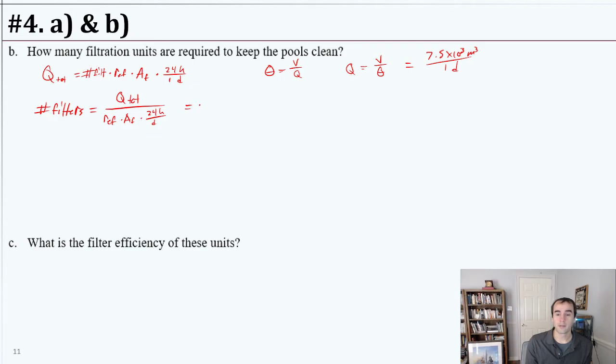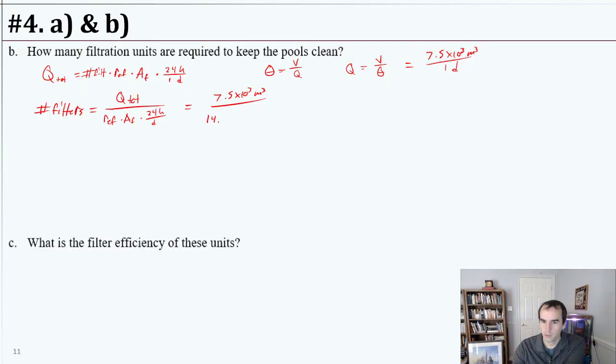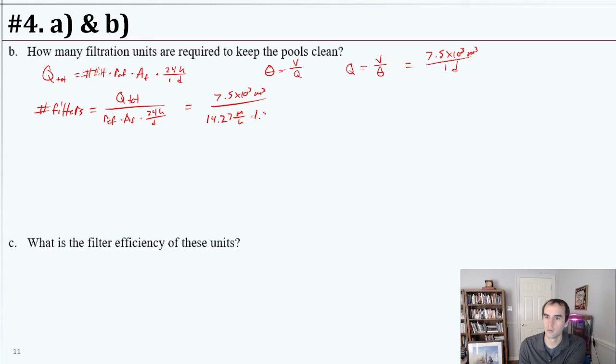Okay, so that'll give us 7.5 times 10 to the third cubic meters divided by that effective, which was 14.27 meters per hour, multiplied by the area of the filter, which was 1.23 square meters, multiply that by our 24 hours per day.